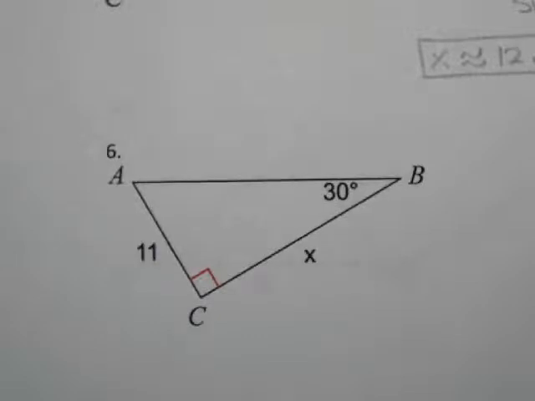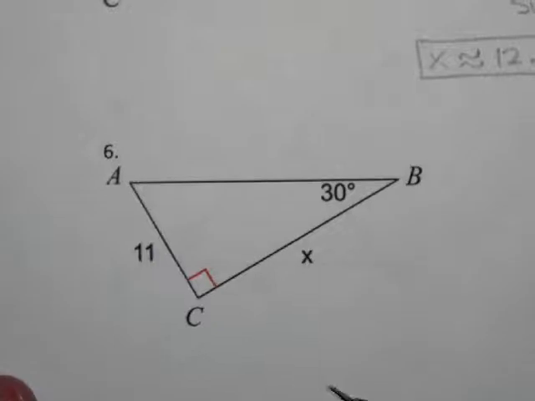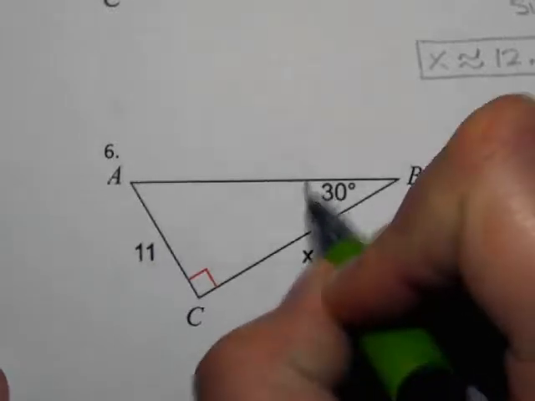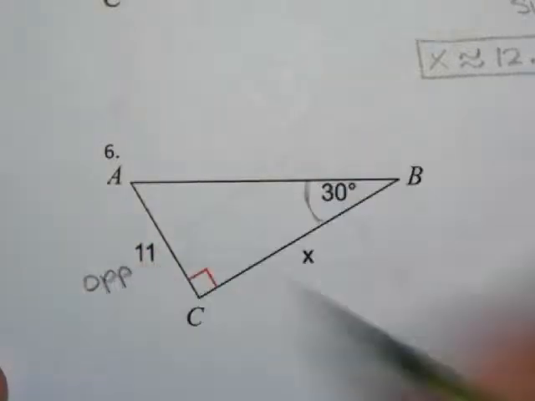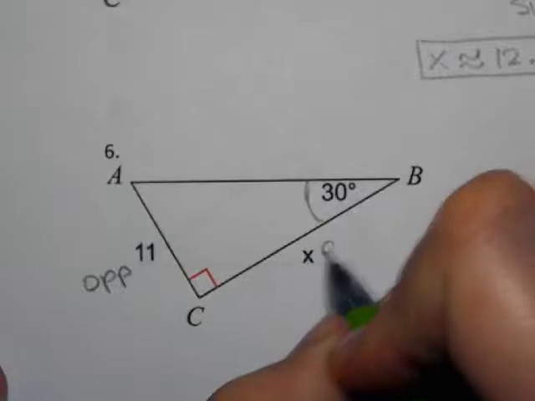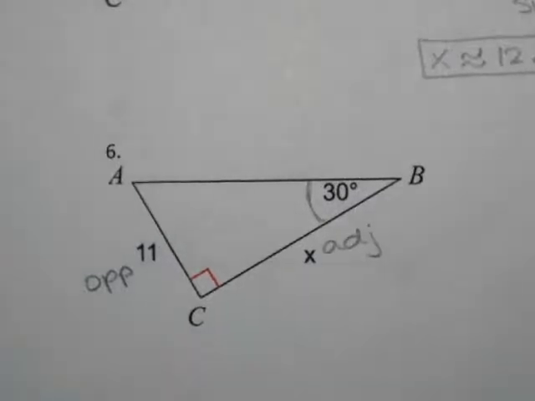Opposite. Which one's the opposite? 11. Okay, so that's 30 degrees. This is called opposite. This one's called adjacent. Now, we already know what the x is. We don't even have to do the math. Oh, it's a 30, 60, 90, so it's going to be 11 root 3.